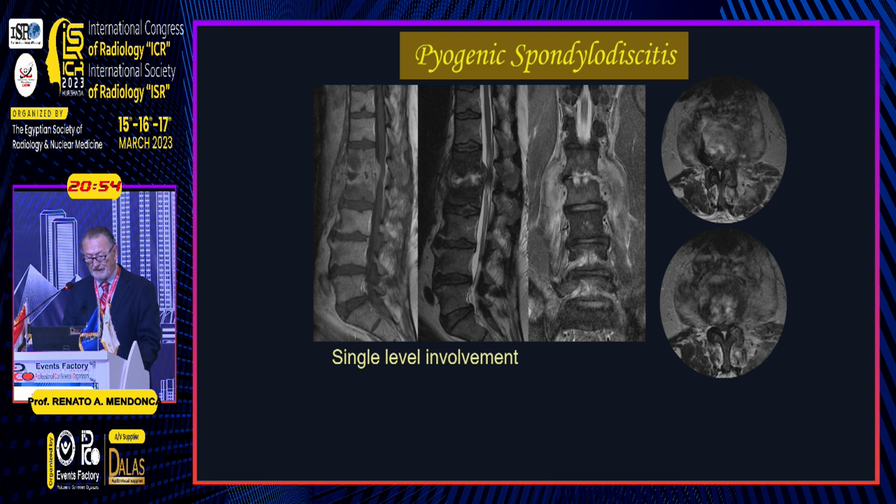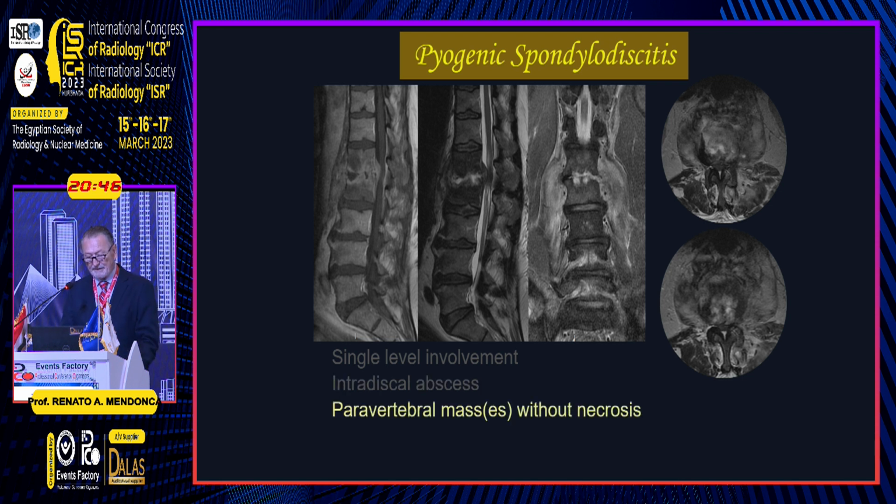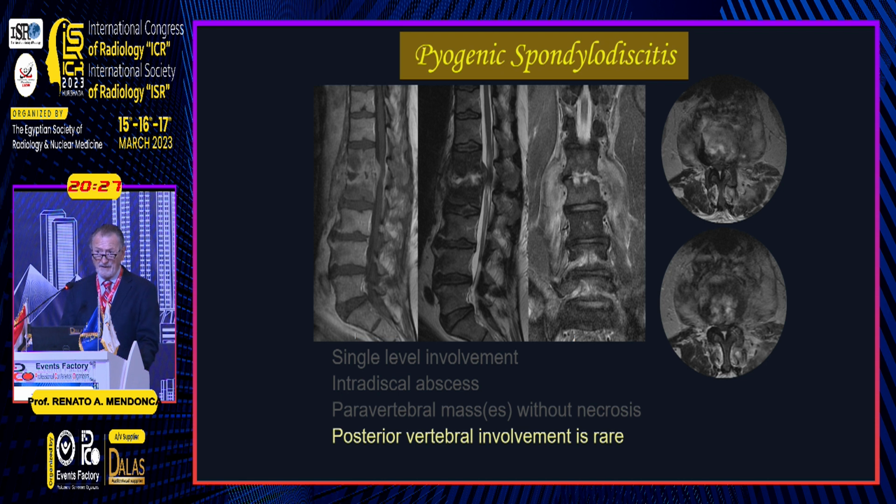The abscesses are mostly, not only, but mostly intradiscal, and the paravertebral masses are most frequently without necrosis. There may be abscess formation, but it's not common to have necrosis. And the posterior vertebral involvement is very rare.